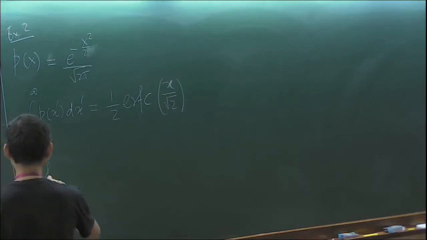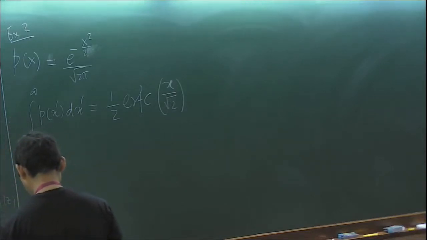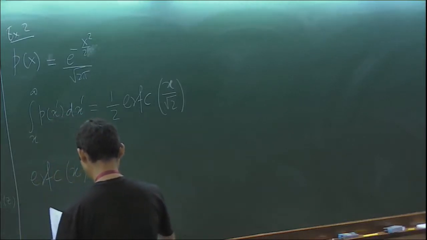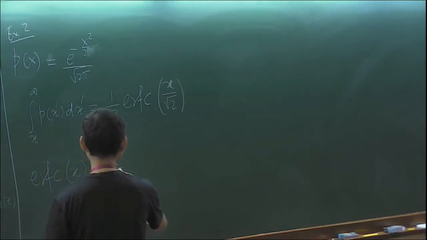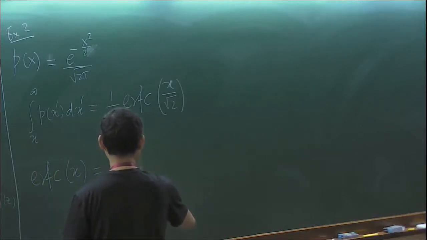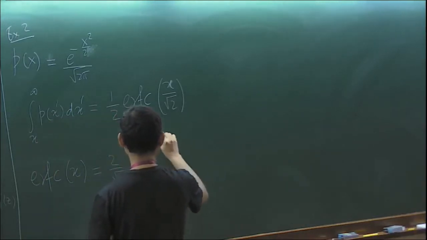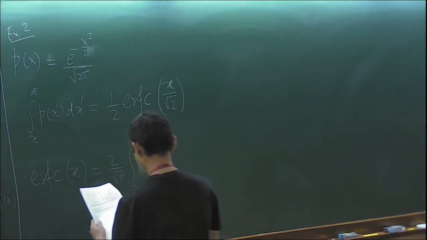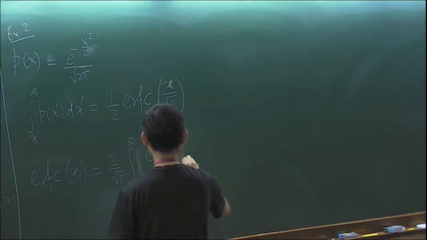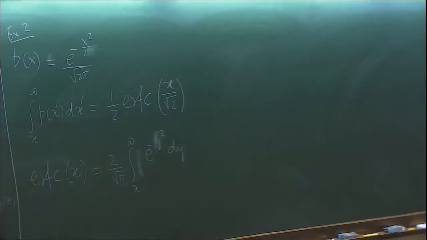The complementary error function is defined as 2 by square root of pi times the integral from x to infinity of e to the power minus y squared dy.